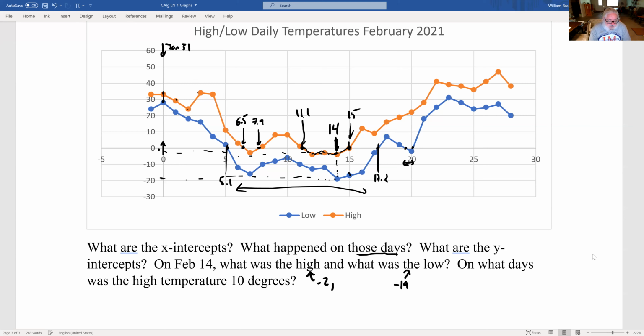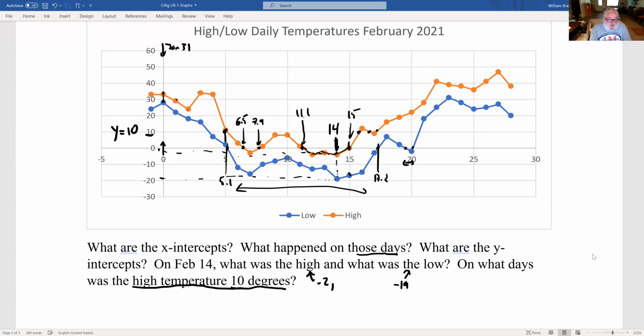On what days is the high temperature 10 degrees? This is actually asking for a y value, right? 10 degrees. We want to know when is the high temperature 10 degrees? Here, and then here, and then we have 2 points there.